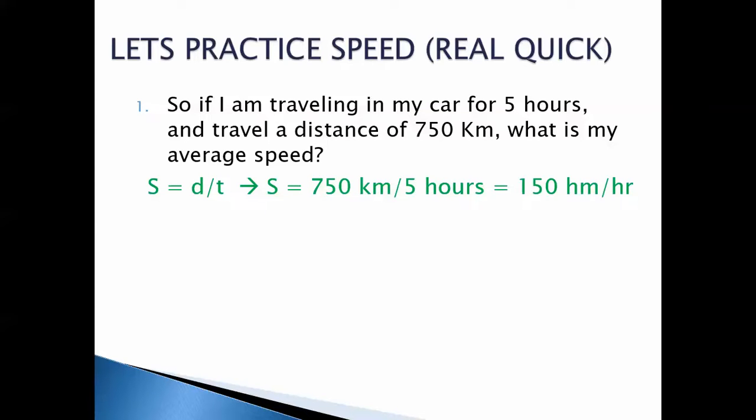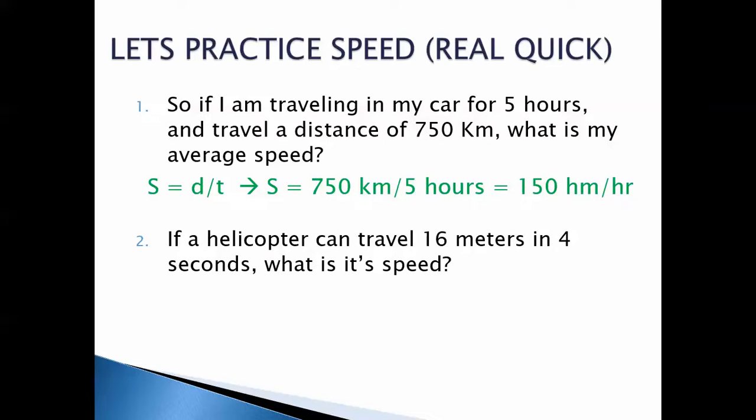So let's look at another example, and this time I want you to try this one on your own. It says if a helicopter can travel 16 meters in 4 seconds, what is its speed? So again, you're going to start, just like we did in the first problem, by writing out the formula. Speed equals distance divided by time. Go ahead and use the shorthand. Then substitute.